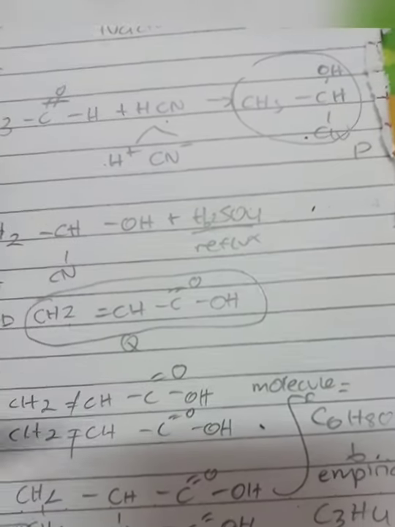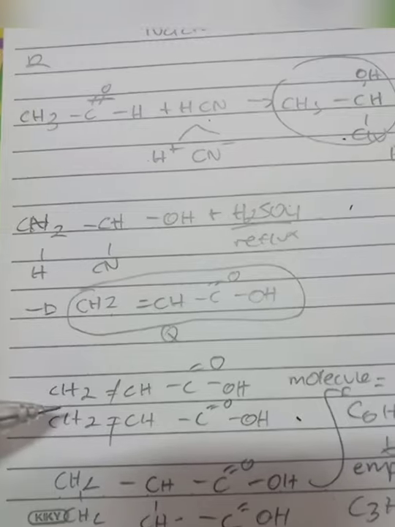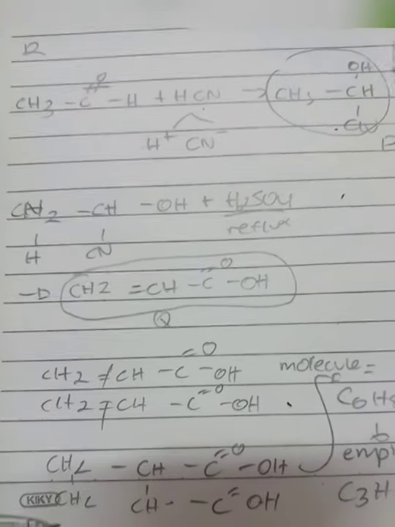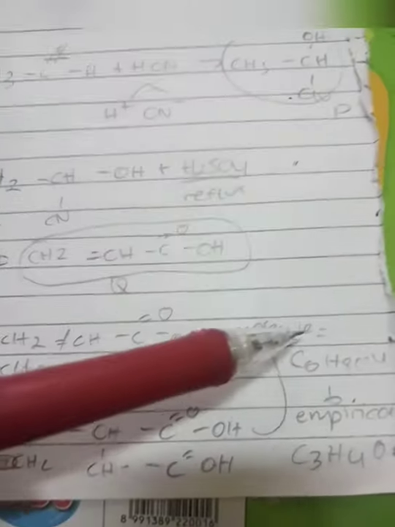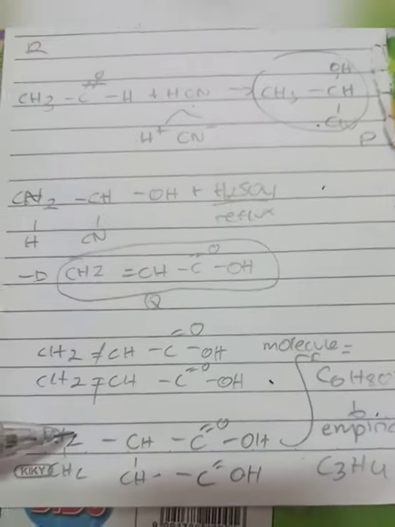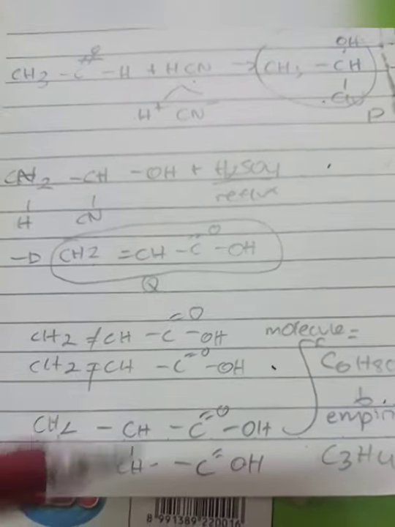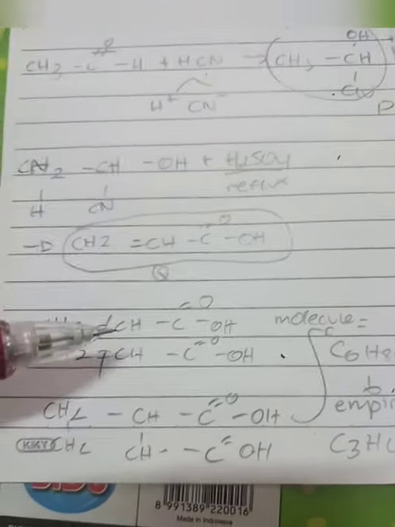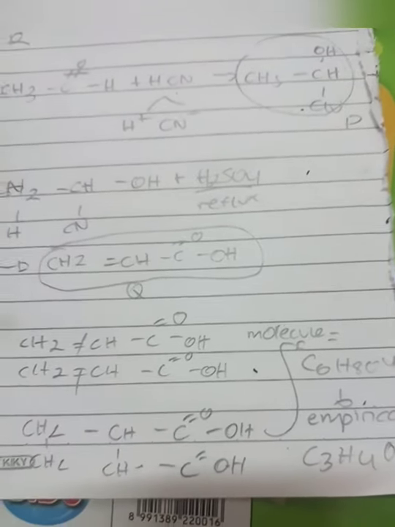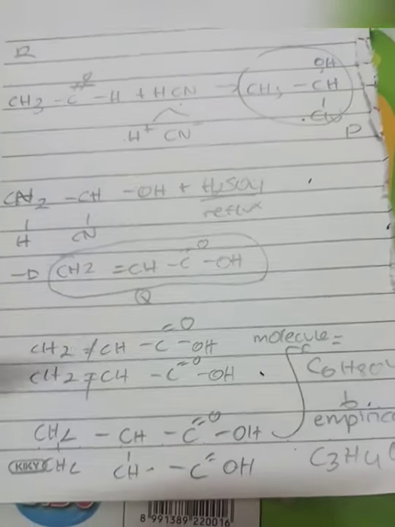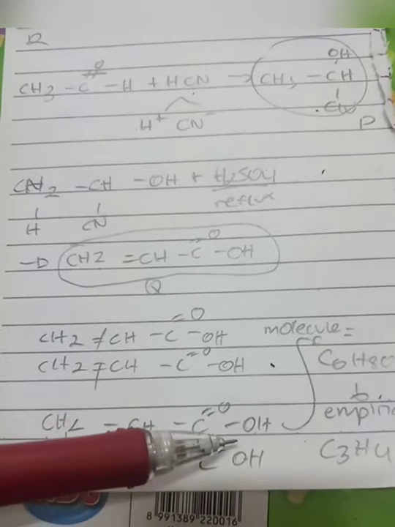So it's asking for the empirical formula, right? So let us find the molecular formula first. Let's count the C's first. 1, 2, 3, 4, 5, 6, C6. And the H, 2, 4, 6, 8, 8H. And the oxygen, 1, 2, oh, I forgot to write it.